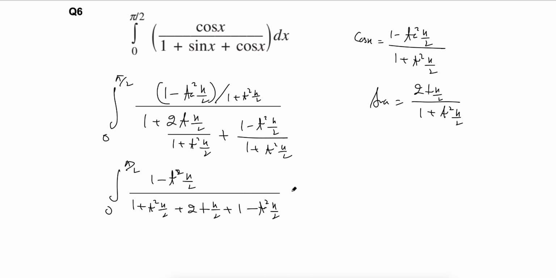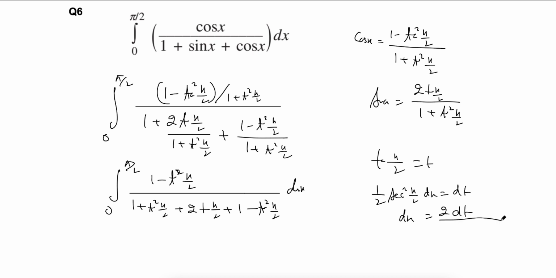Now tan x by 2 equal to t I am putting. So 1 by 2 secant square x by 2 dx equals dt. So dx equals 2 dt divided by secant square x by 2, which I can write as 1 plus tan square x by 2, no doubt. And tan x by 2 is t, so 1 plus t square.